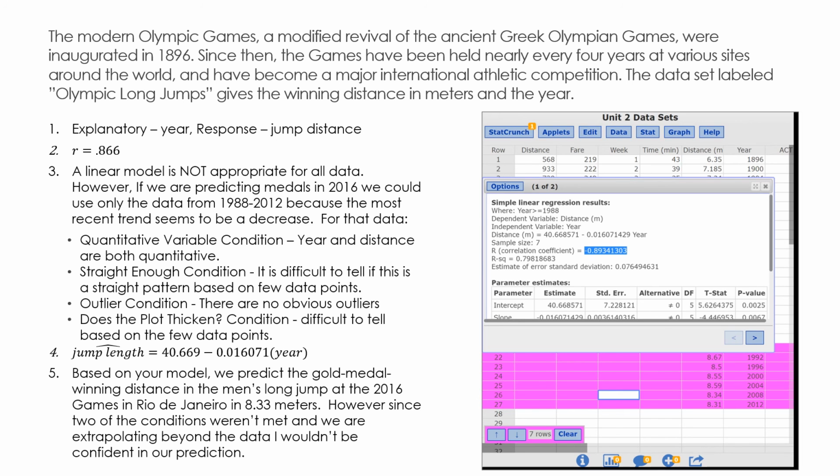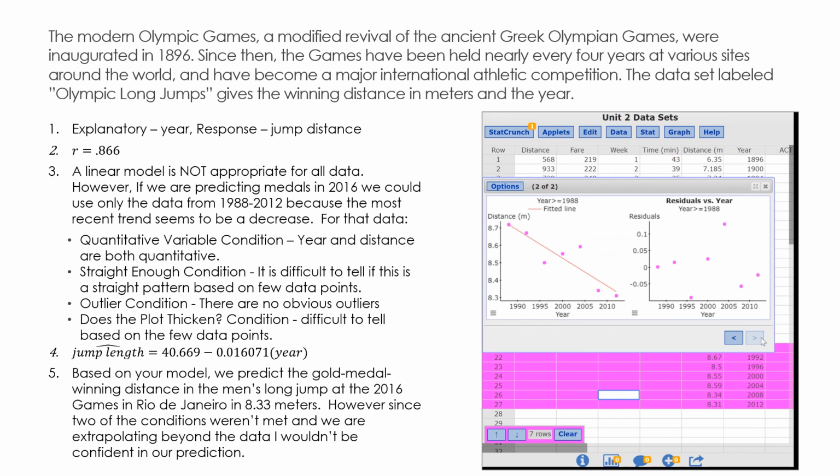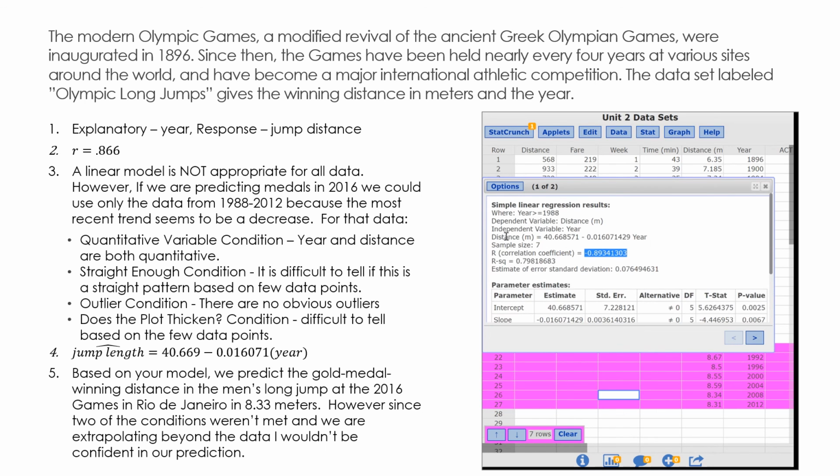So when I did my original R value, I did 0.866, which was okay, but my new, after checking the conditions, because again, my conditions now is, it seems to be fairly linear, I don't have anything going on in my residual plot, etc. So all of my conditions are met, which means my equation is distance in meters equals 40.669 minus 0.106071.